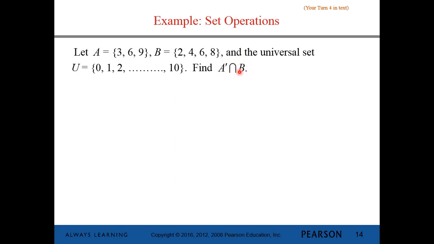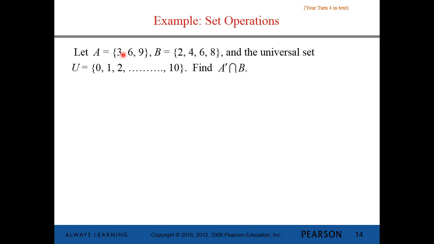Okay, so now, find the intersection of the complement of A and B. So in other words, let's think about this. We want all of the elements that are not in A and in B. Okay, so what's not in A?